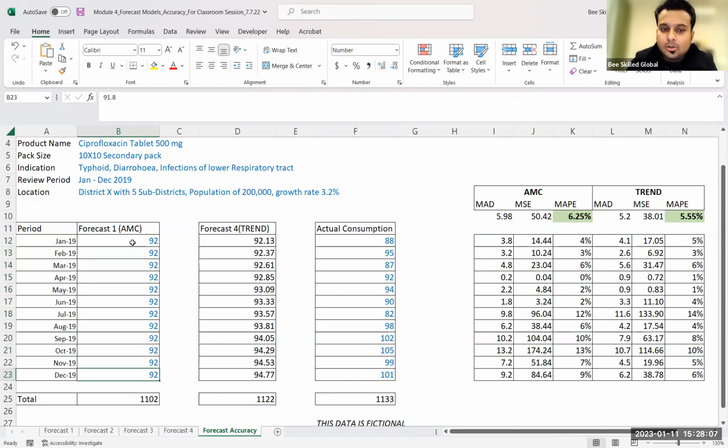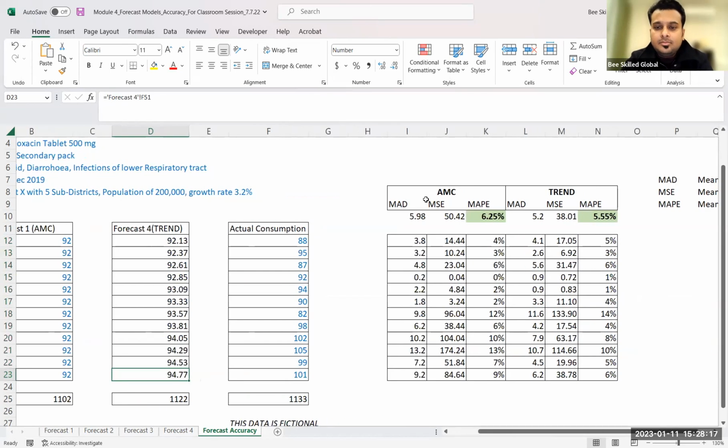That's how we calculated our forecast. And if we take the trend analysis, then it is a different amount month on month. Now here, these three columns are for comparing the AMC against actual consumption, and these three columns are to compare the trend analysis forecast against the actual consumption.